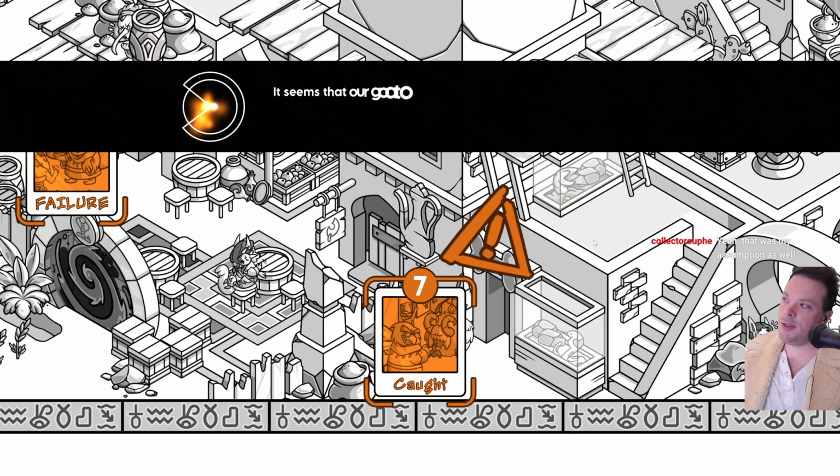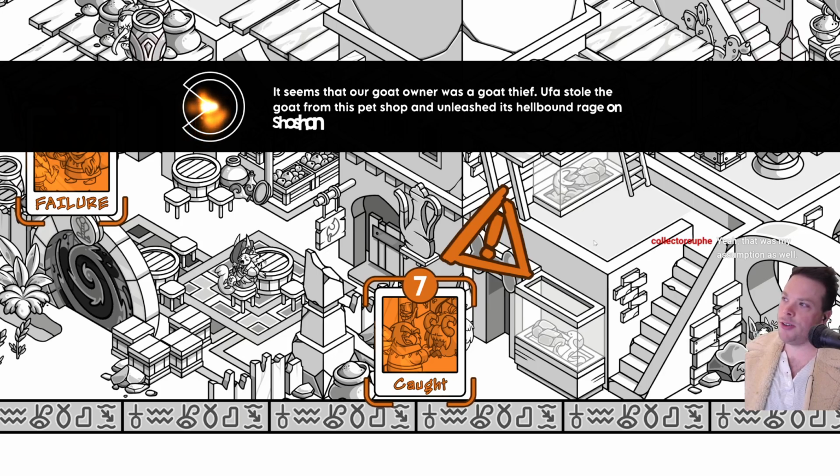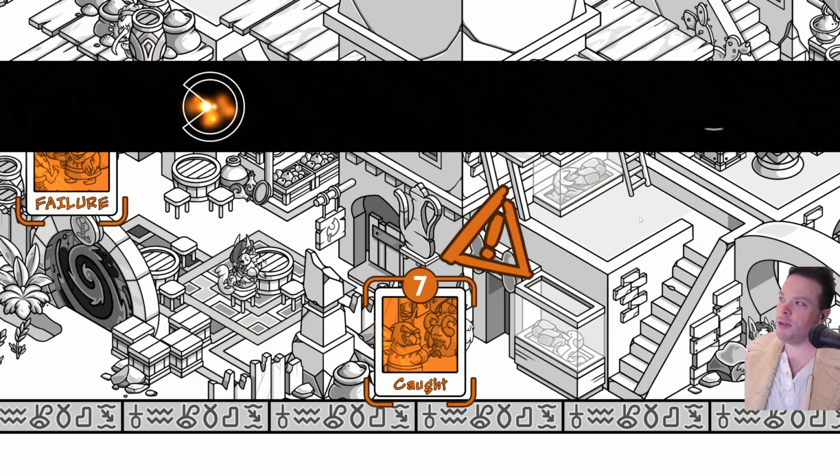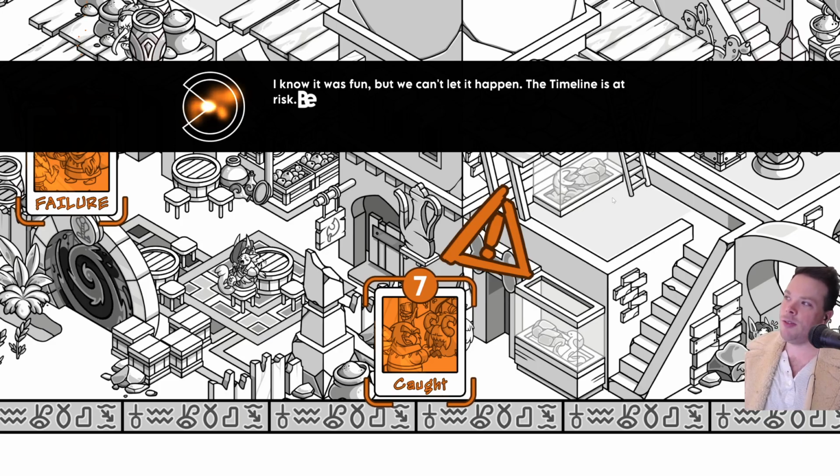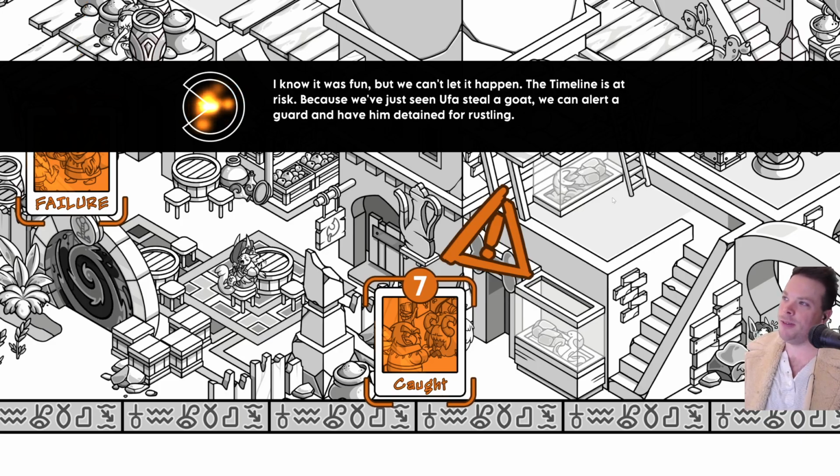There, fantastic work, detective. It seems that our goat owner was a goat thief. Ufa stole the goat from a pet shop and unleashed its hellbound rage upon Shoshan's stall. I know it was fun, but we can't let it happen. The timeline is at risk because we've just seen Ufa steal a goat. We can alert the guard and have him detained for rustling.